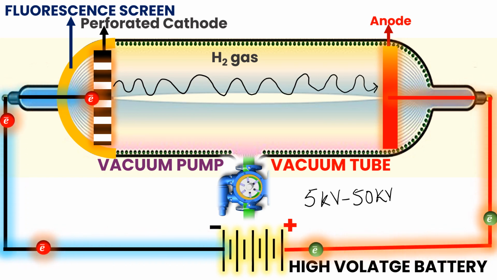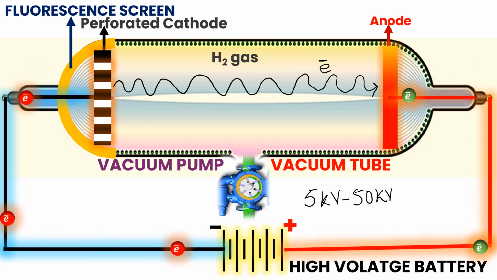Since cathode rays are based on negatively charged electrons, and opposite charges attract each other, the electrons from the cathode will go toward the anode of the cathode ray tube.